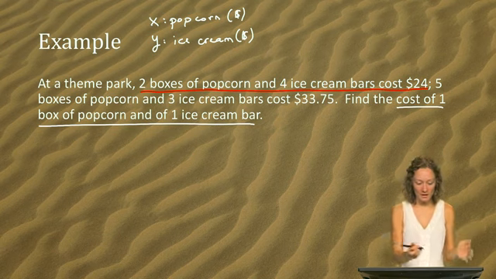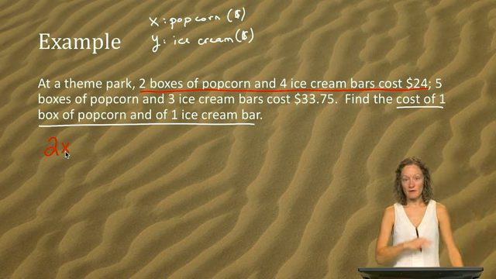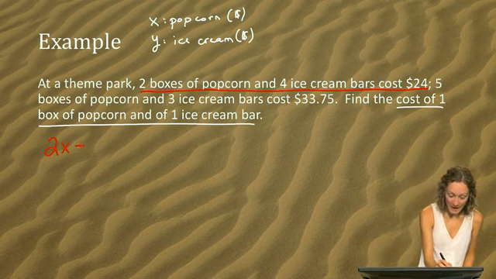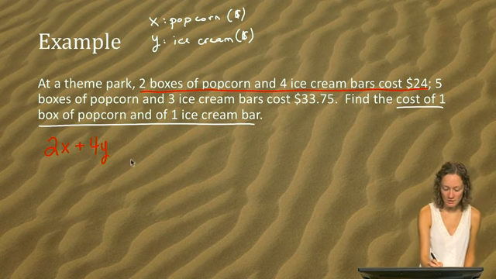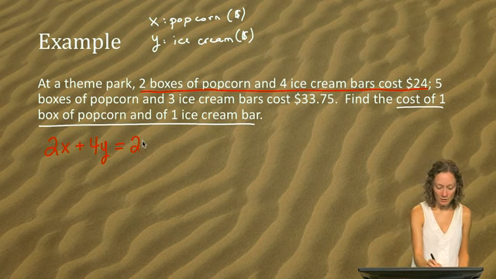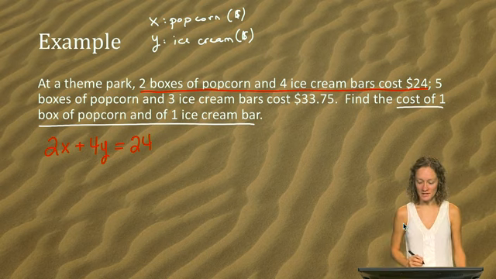So you have to multiply. 2 times whatever the cost of popcorn is, which is what we don't know. If I also told you to buy me ice cream and we knew that cost, you would add the cost together of 4 individual ice cream bars. And the total cost of these things is $24. So there's the first translation.